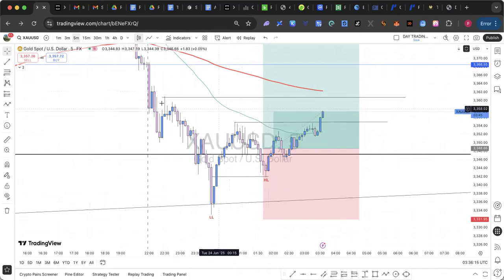Now, the moment we break this, we now have break of structure, BOS. So here we now have break of structure. Let's look at it. Okay, sorry.